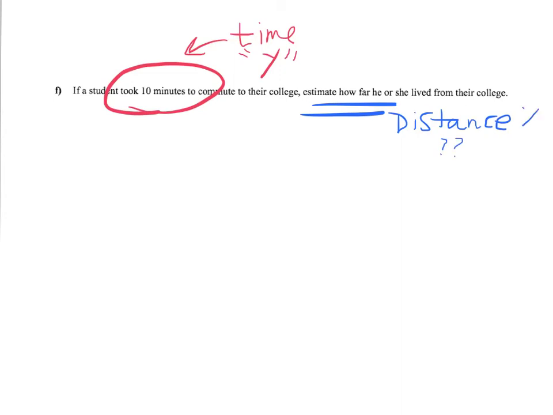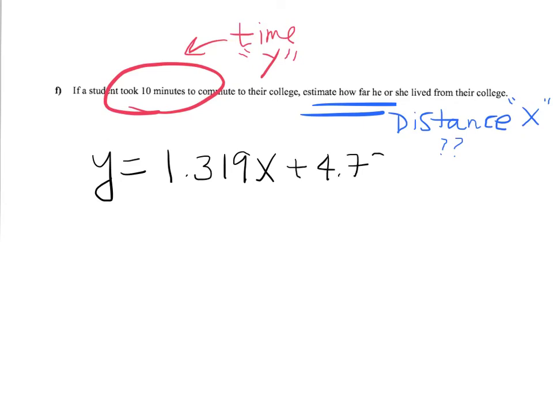And remember, distance is your x. So in this case, you're basically going backwards. You have the y, but you're looking for x, and you're going to use, again, the linear regression line. So y equals 1.319x plus 4.78.